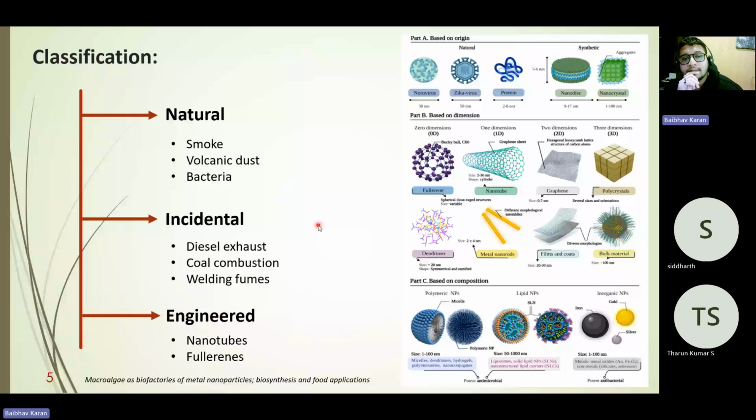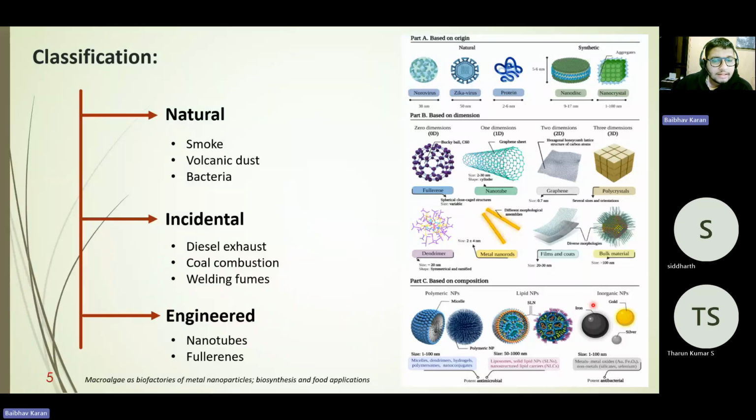So they are considered nanomaterials, but one of the lengths is not in the nano range. That's why they are known as one dimension nanomaterials. Similarly, in two dimension nanomaterials, two of the axes are not in the nano range. The others are in the nano range. And then finally comes the three dimension nanomaterials.